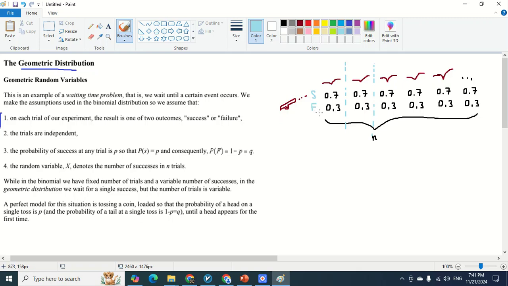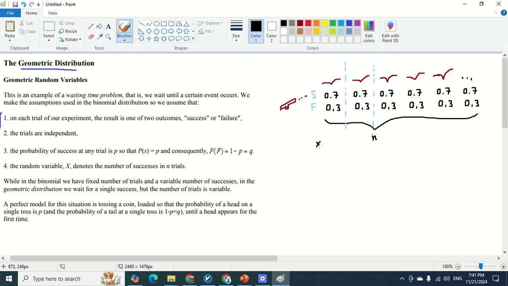And the failure over here is not hitting that bird, and it's 0.3 for all birds in that sequence of animals that we consider. So up to here everything is the same as a binomial distribution. The only difference is about the x, the random variable.